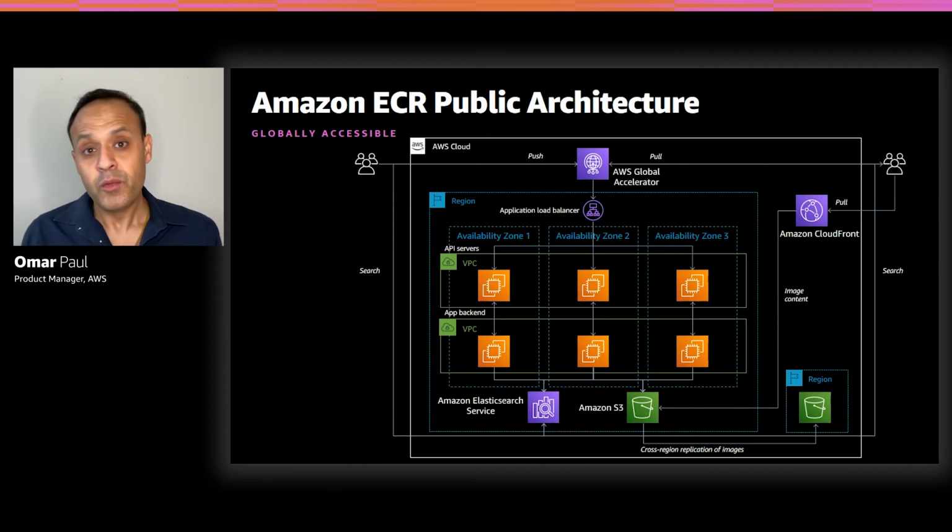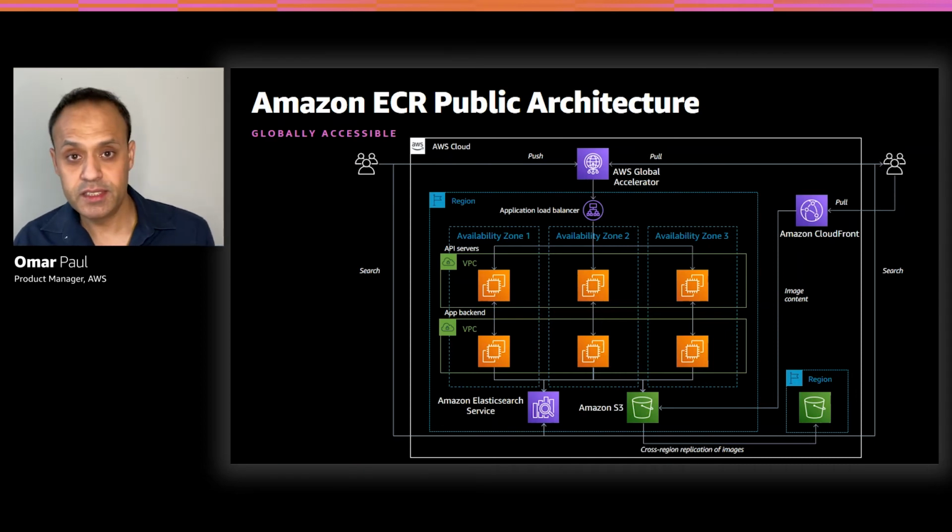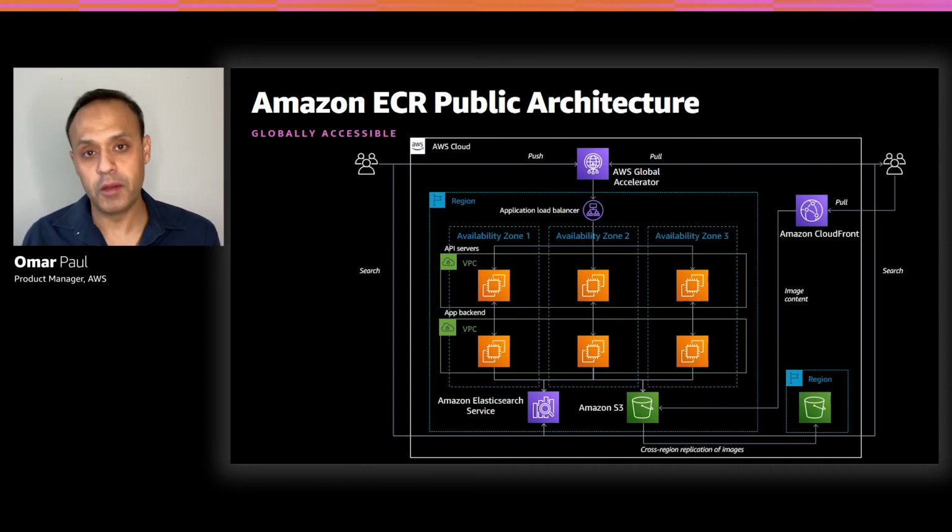And so when a new version is published and a manifest changes, your next pull will always get the latest manifest and then go back to your cache. So we expect to continually improve this, take this architecture and put it in more regions, improve our optimizations of our CloudFront cache so we can get better for you.